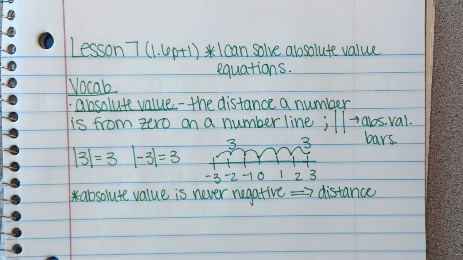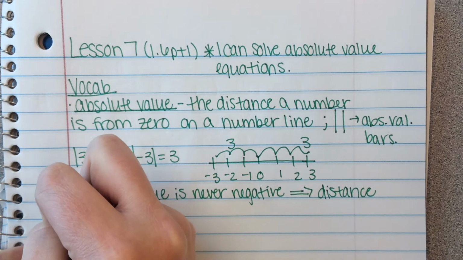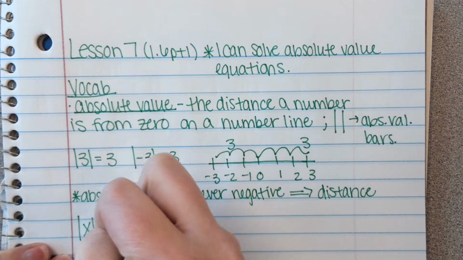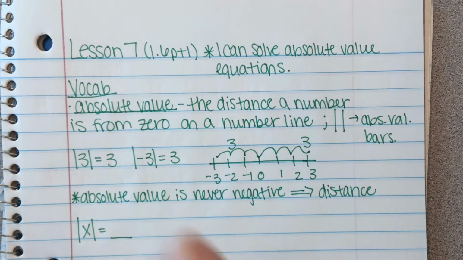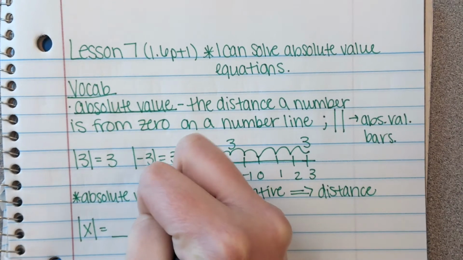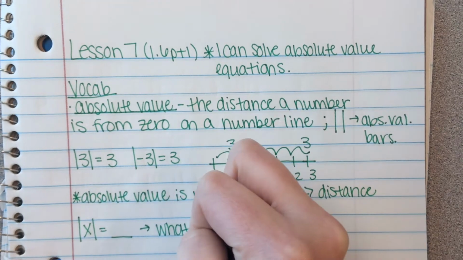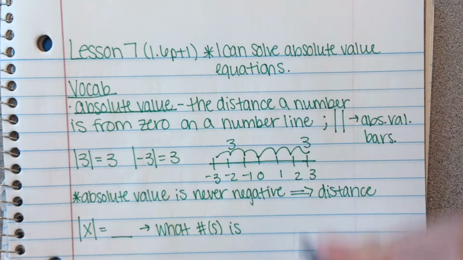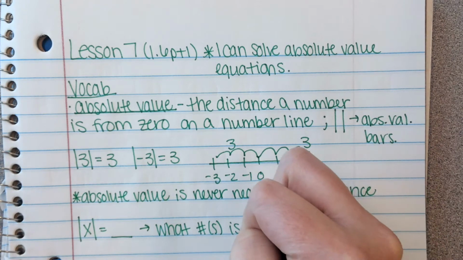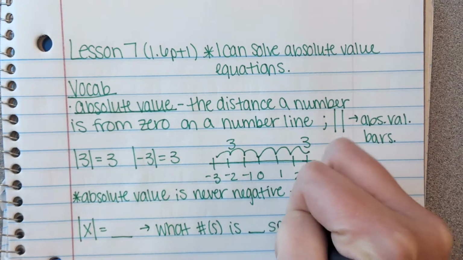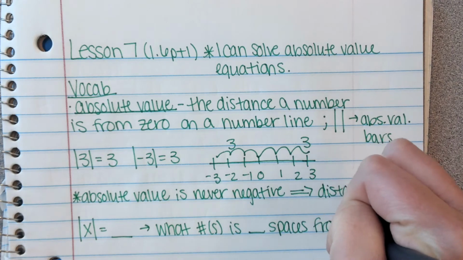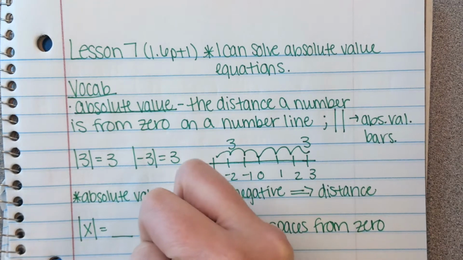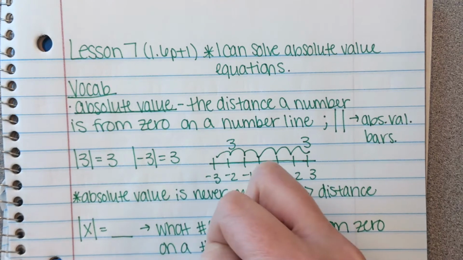Okay, so if we're talking about the absolute value of x is some number, that's like asking what number, or numbers, I'm going to say what number is blank spaces from 0 on a number line.